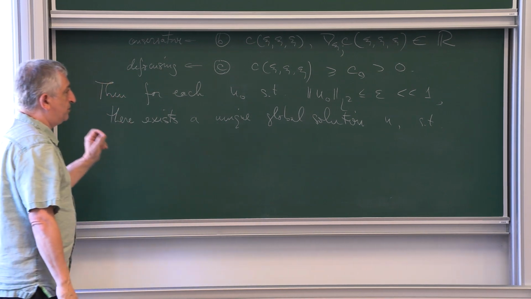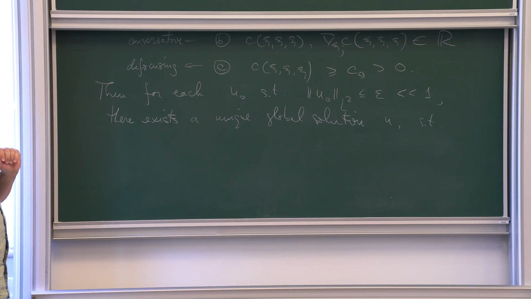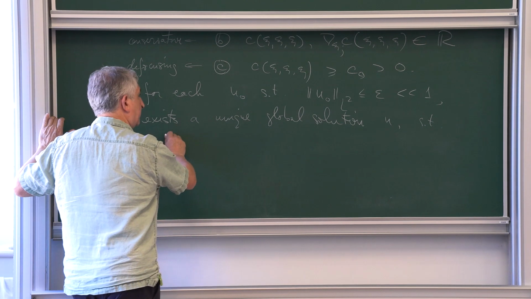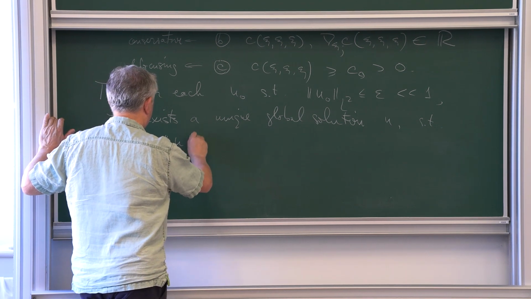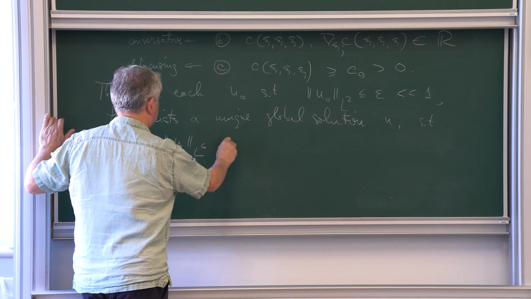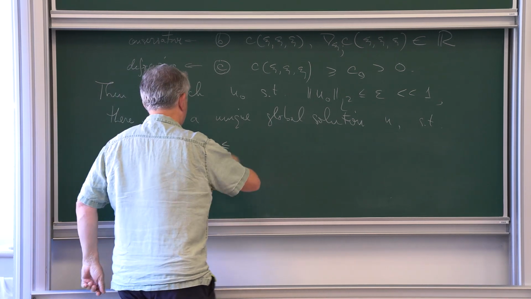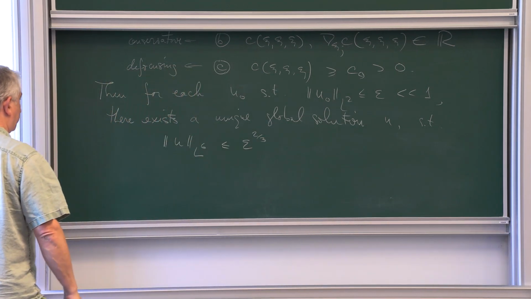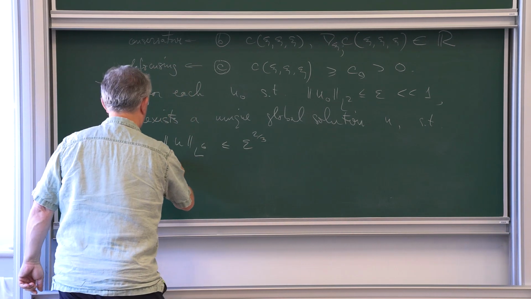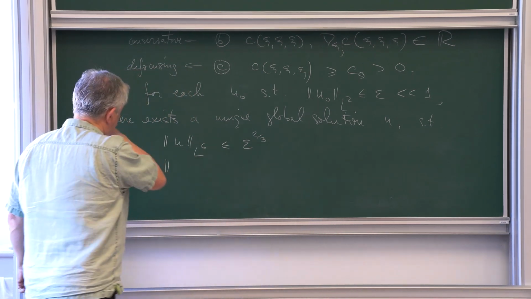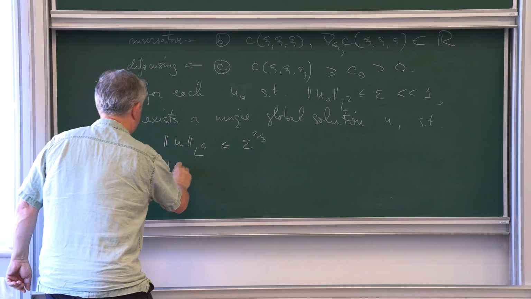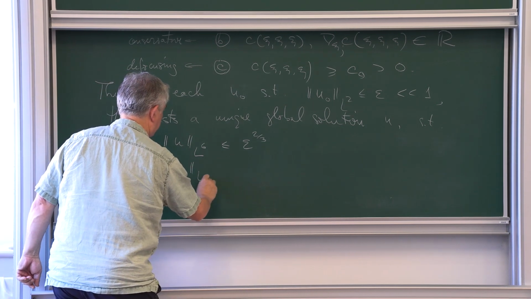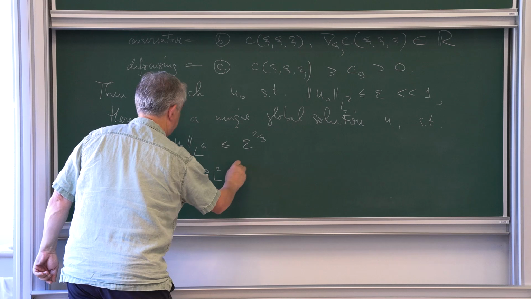And I'm not going to be super precise here. I'll be more precise for the next problem. But let's say we want the solution u in L6 to be smaller than, there's a power in here, then we want, I should have put the energy norm first. Let me put it here, L infinity L2, smaller than epsilon.